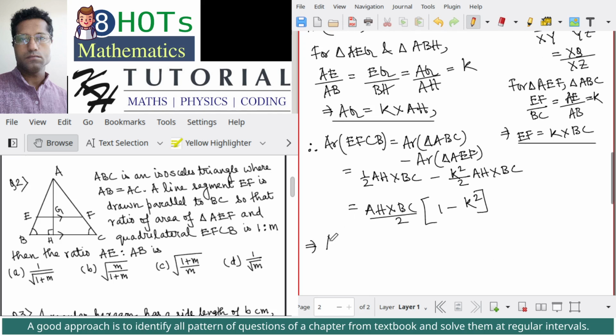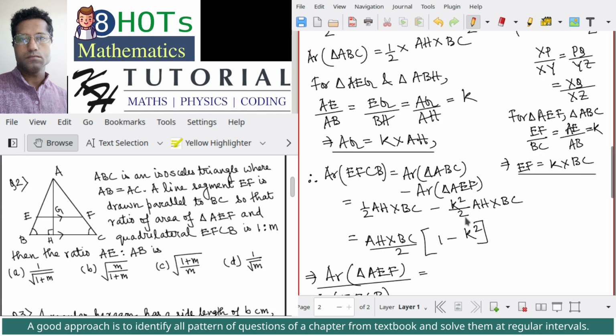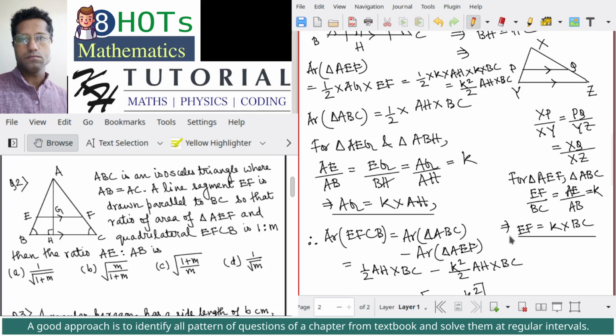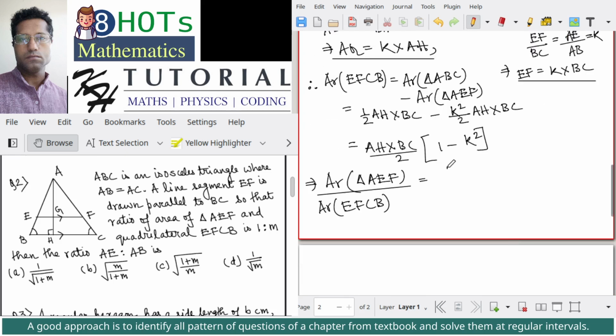Therefore, what is the ratio of the area of triangle AEF to the area of the quadrilateral EFCB? The area of triangle AEF was k square by 2 multiplied by AH into BC, and the area of quadrilateral EFCB is AH multiplied by BC by 2 multiplied by 1 minus k square.